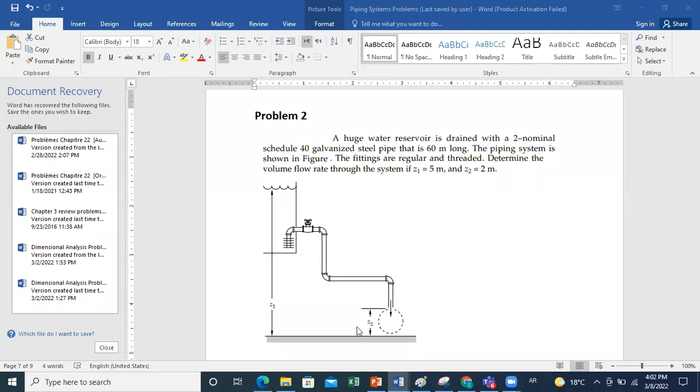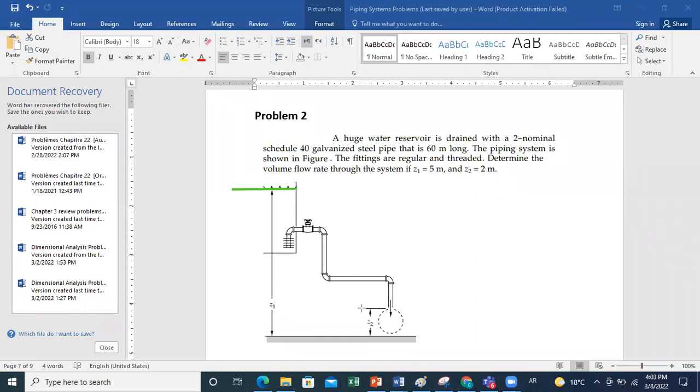2 meters. So whenever you have such a figure, the first step will be to determine between which levels you want to apply your energy equation. So here we will start first by saying that we know the elevation Z1, we know the elevation Z2.